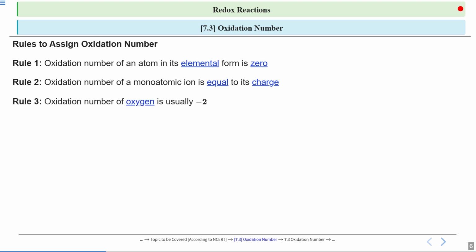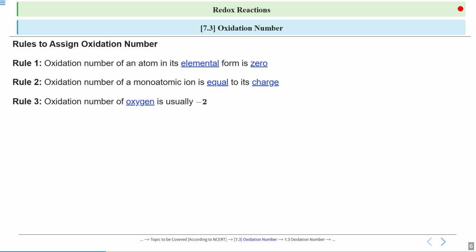Now rule 3. Rule 3 states that the oxidation number of oxygen is usually -2.